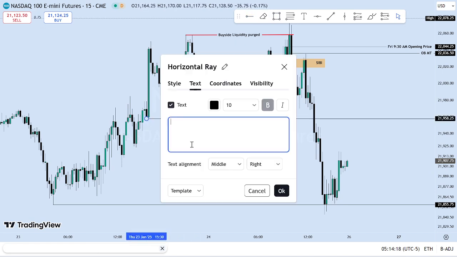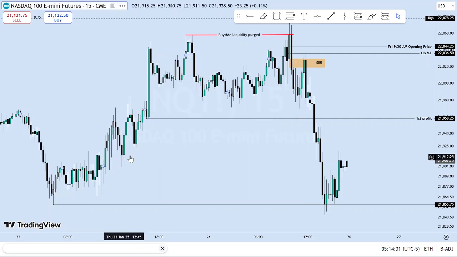First partial, first profit. Then you can take your second profit below here.